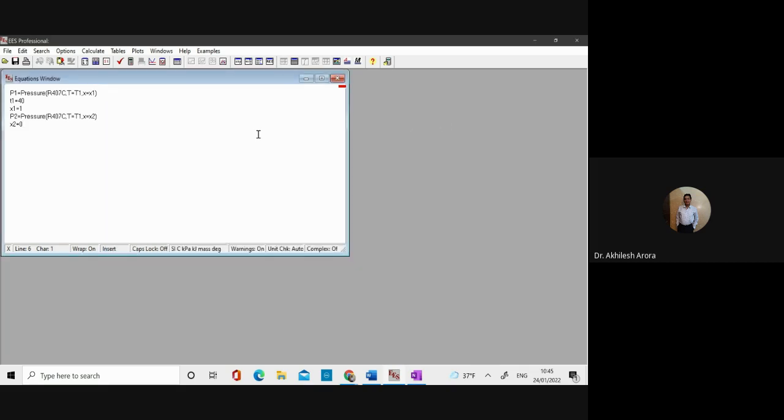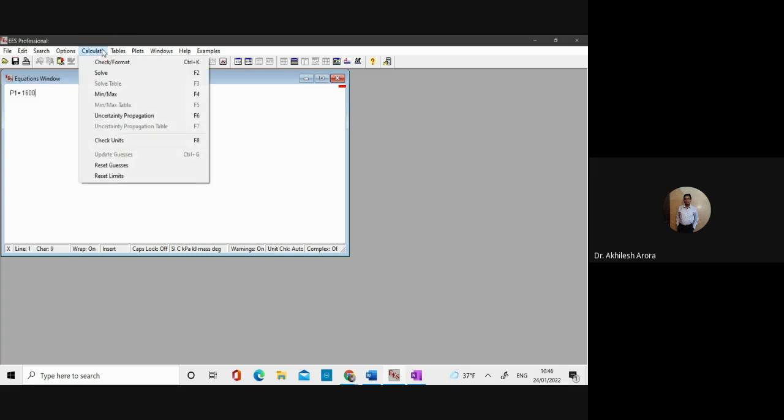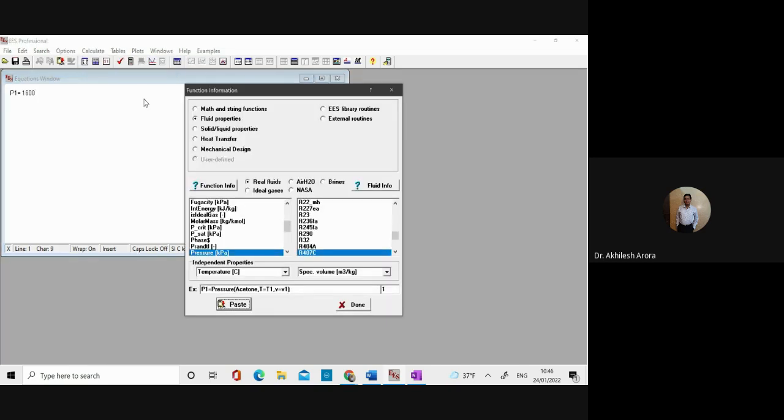Now let us change it. What I am going to do is choose a particular pressure. Let us say P1 is equal to 1600, because you have just seen these values. One value was near 1500, the other value was near 1700. So I am choosing a similar value of 1600 kilopascal. Now I go here and go for the function information. Now I will be calculating the temperature.